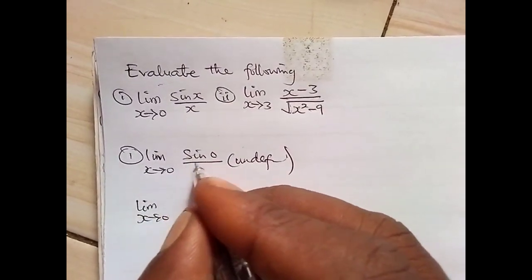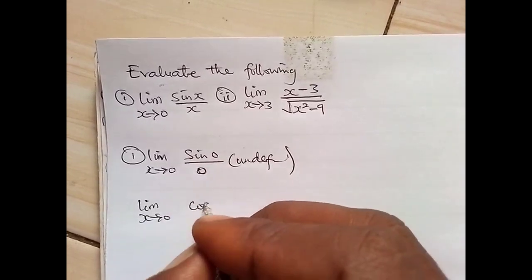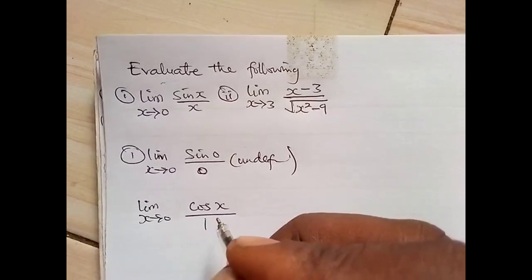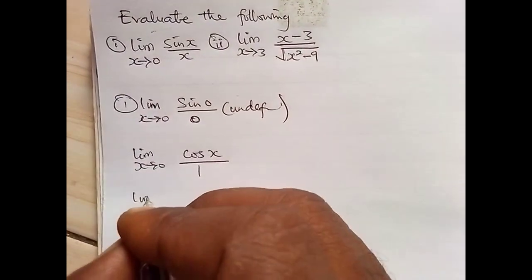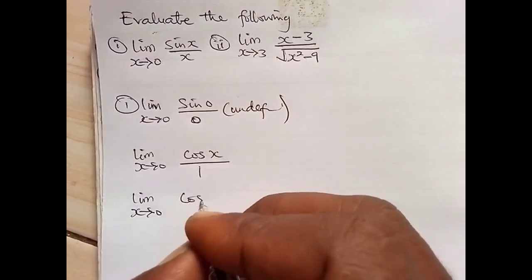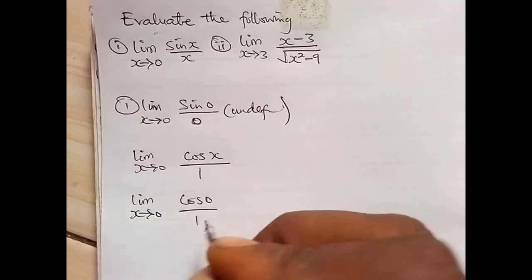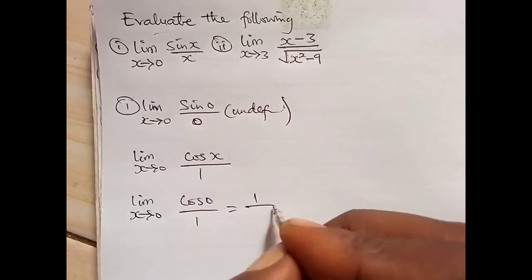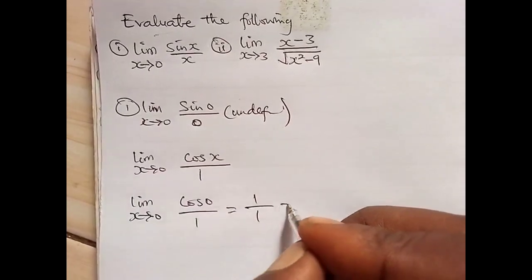If we differentiate sine, we're going to get cos, over, if we differentiate x, we're going to get 1. So we'll have limit as x tends to 0, cos 0 over 1, and cos 0 is equal to 1, and 1 over 1, so the answer is 1.